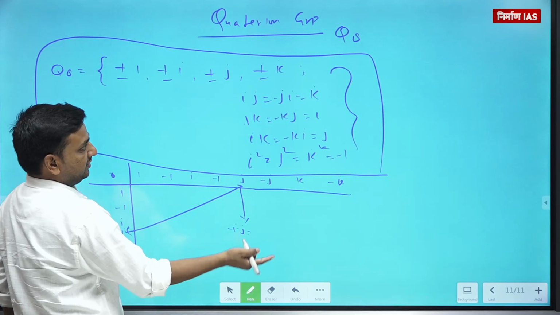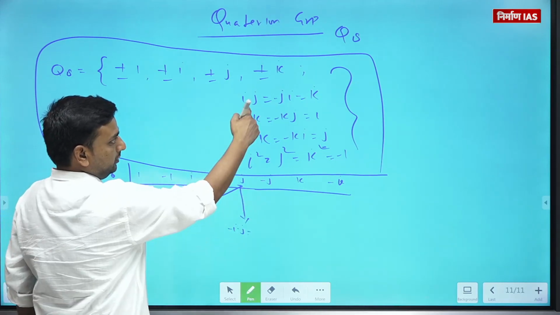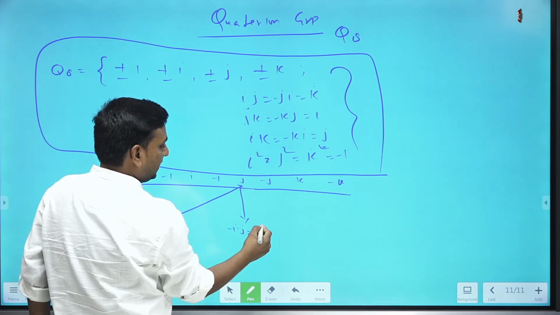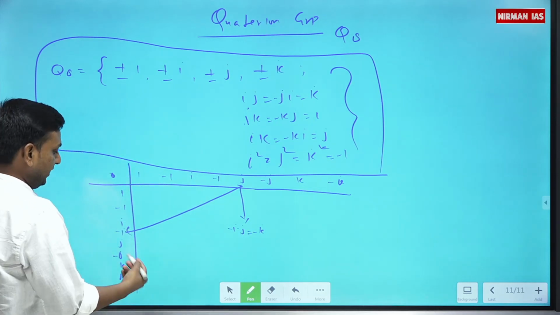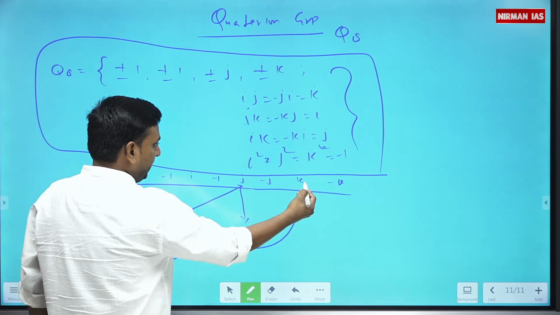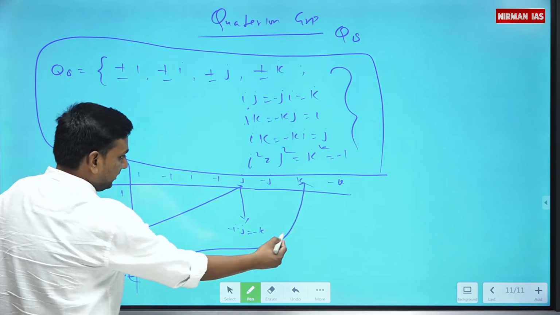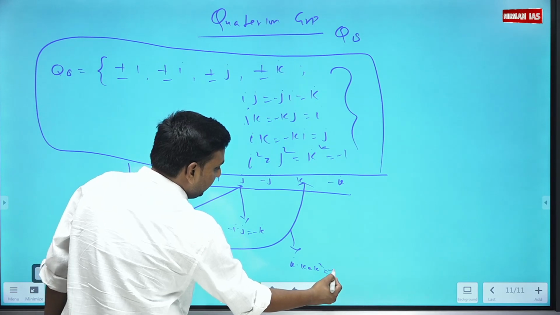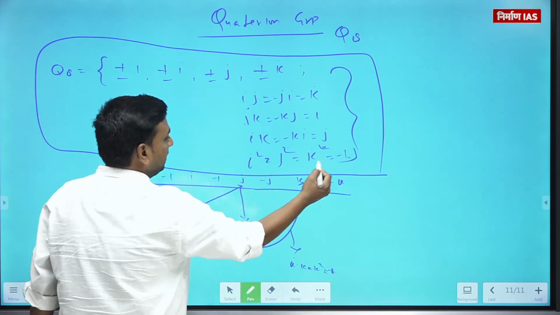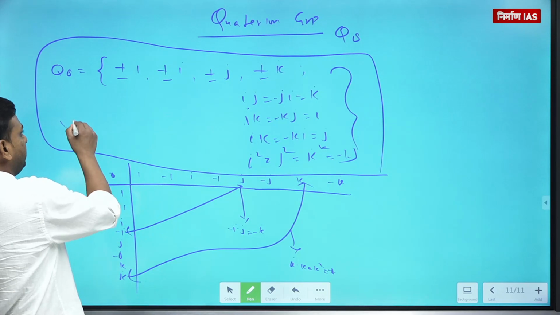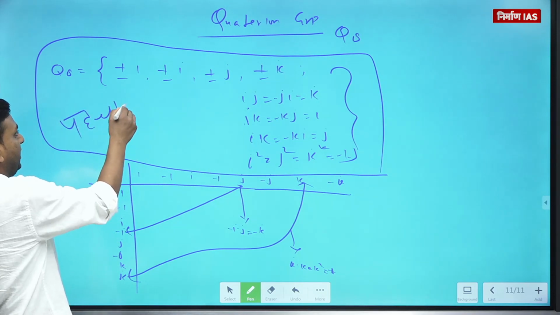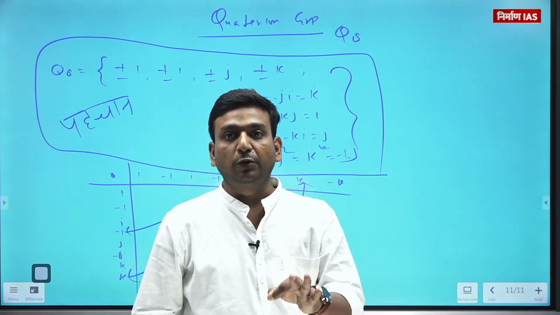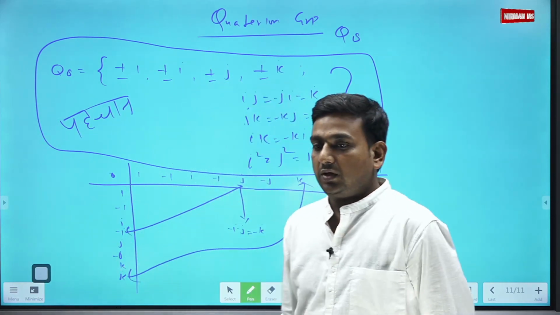What is minus ij? Check it out. Minus k. In the same fashion, let's say you want to know what is k composition k. So k composition k is k square, that is minus 1. You have already defined in the group itself. So this is the identification of the set. Q8 is looking like this, please remember this Q8 structure.